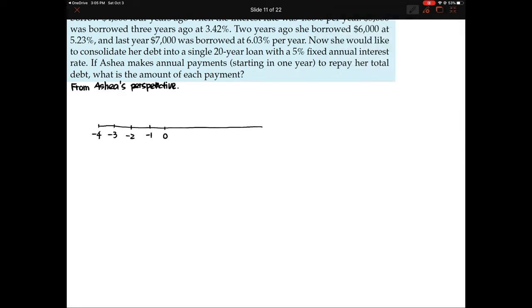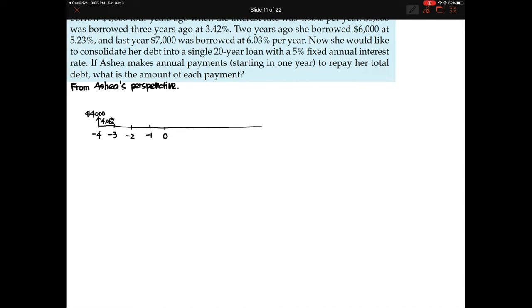In the past, every year she borrowed different amounts of money. So 4 years ago, she borrowed 4,000. That's money coming into her account, so that's receiving, arrows going up. The interest rate is 4.06%.